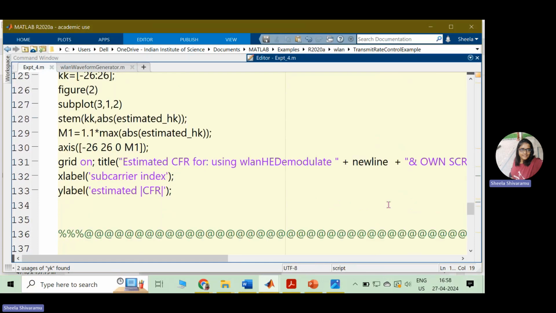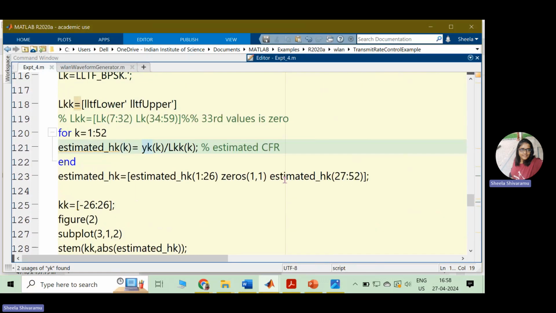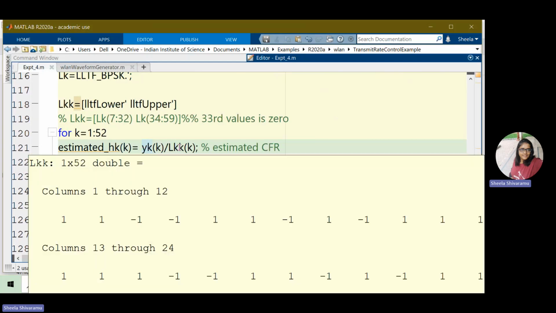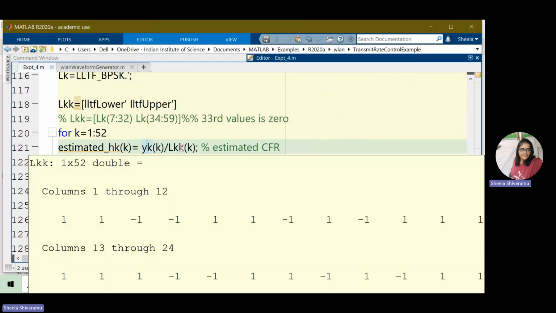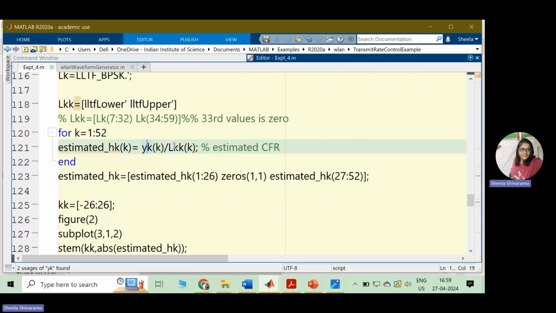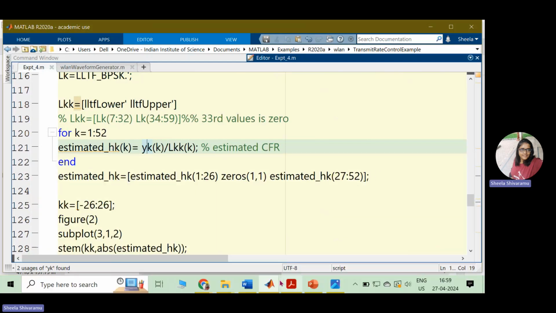So h of k is simply y of k divided by x of k. I'm using simple least squares estimation, where yk is the received quantity and xk is the pilot symbols, which are already known. So this is the estimated hk. Yk is received at the receiver, and Lk is the pilot symbols that were transmitted. I'll take the ratio in order to get the estimated hk, and I'm going to plot this.